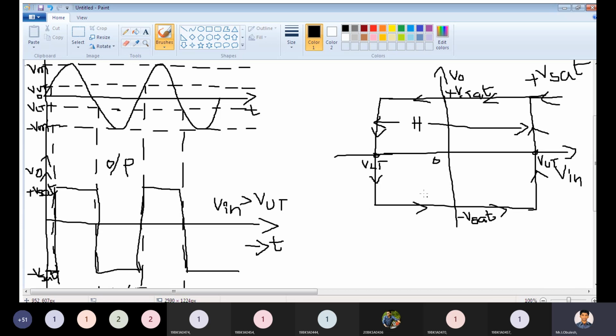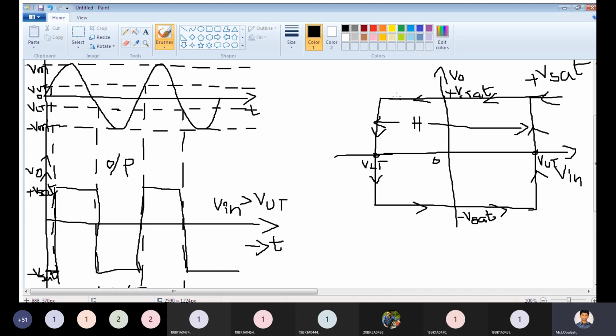Now this is for a V in from the VUT point only. This is the VUT point, so in this direction V in we are taking. Here the V in value is greater than VUT, because of that reason we are getting positive V saturation. The output starts in this direction up to positive V saturation, from VUT to VLT.